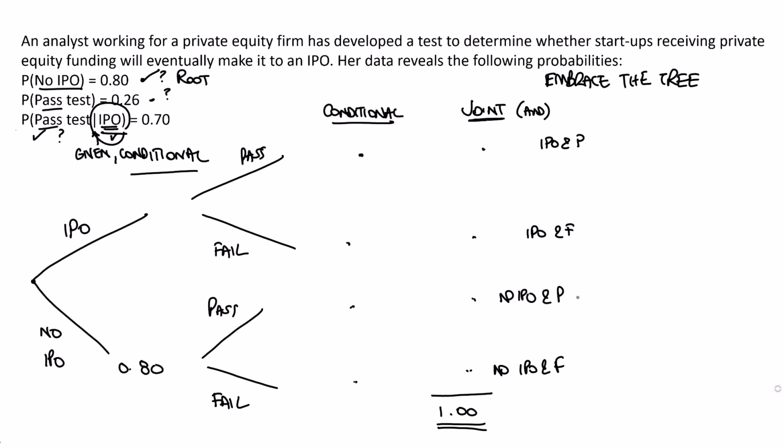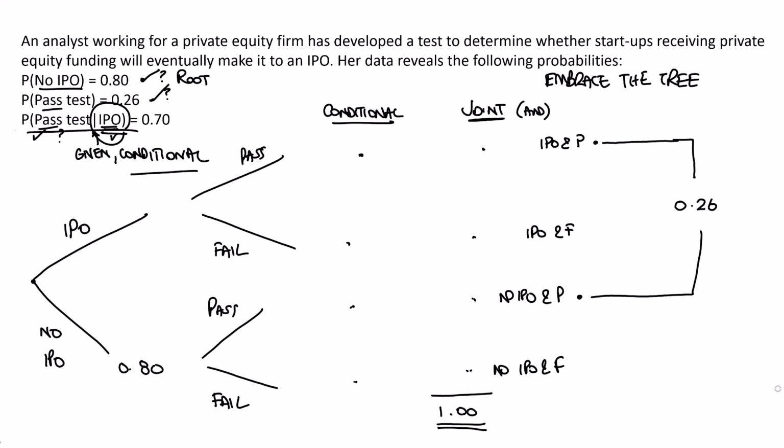Only 2 of these outcomes involve passing. So if I add together these 2 in total, because they're the only outcomes where we have a pass, those two together must be 0.26. So I've used my 0.8, I've used my 0.26.